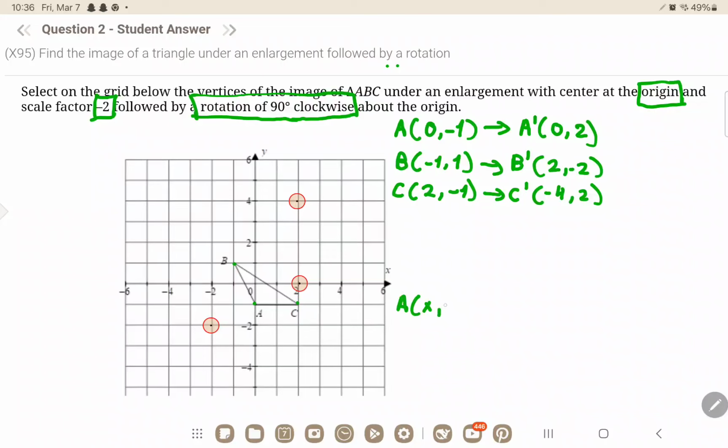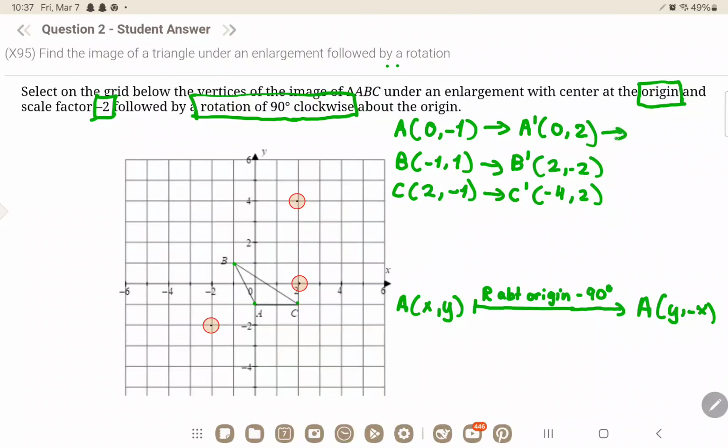If A was X and Y, and it underwent a rotation about the origin of -90 degrees, which means 90 degrees clockwise, -90 and 90 degrees clockwise is the same thing, by the way, A is gonna become Y, -X. So first what's gonna happen is Y and X are gonna switch, and the X is gonna become negative.